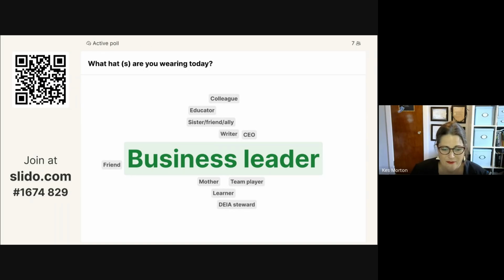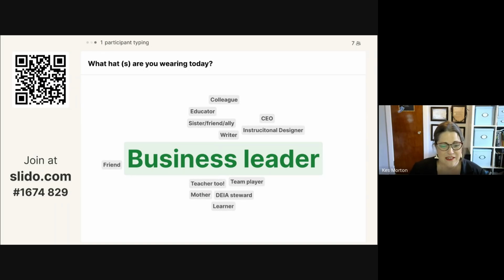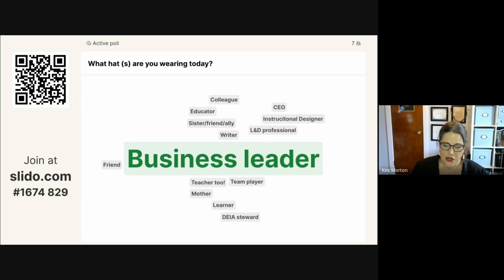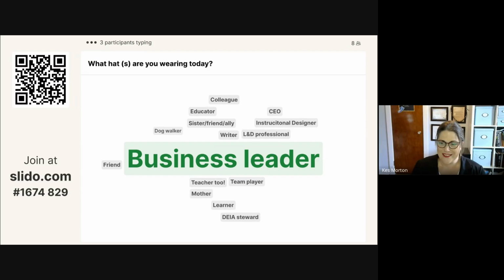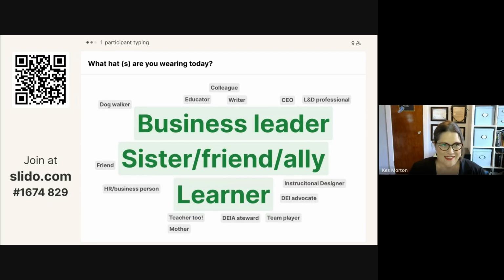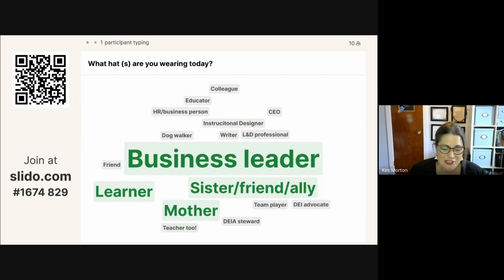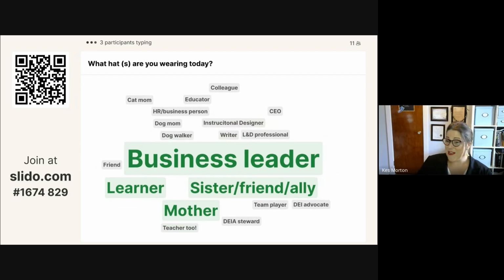Love it. So they're coming in fast and furious now. We got some business leaders, quite a few business leader hats wearing today. Teacher, team player, mother, DEI steward, learner, love that, instructional designer, CEO, writer, sister, friend, and ally, educator, colleague, friend. That's a good one. I like that one. Makes me feel good. So many good hats. HR business person, dog mom, cat mom.